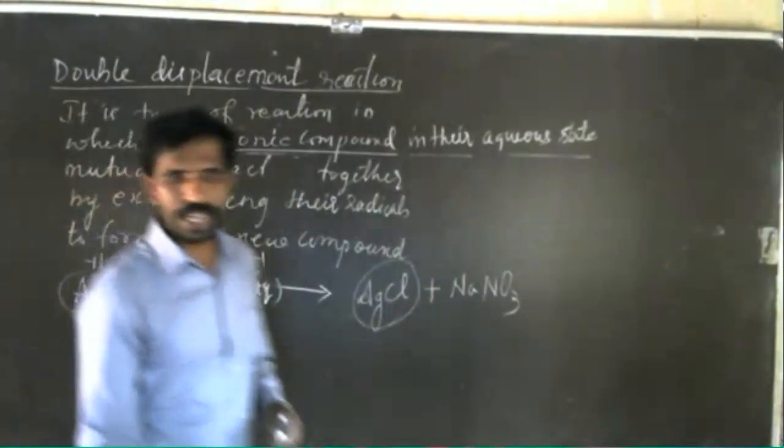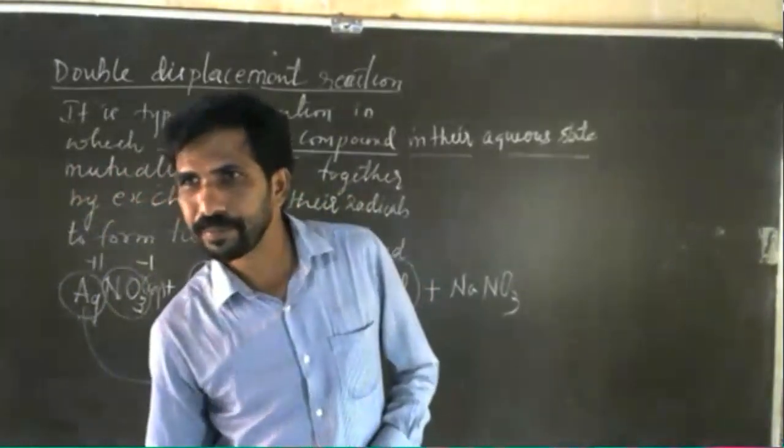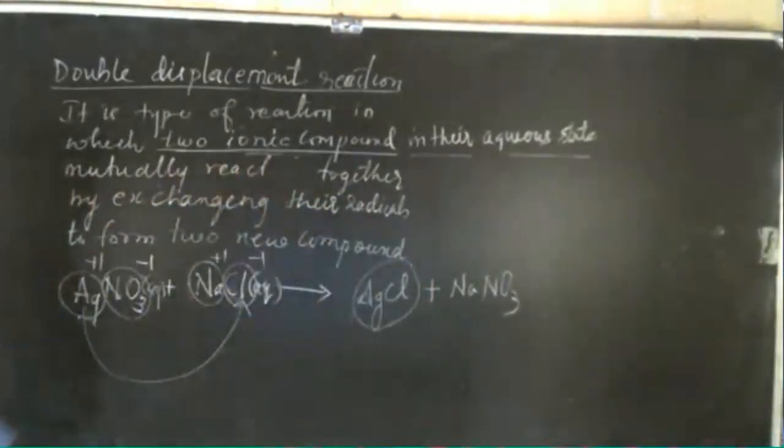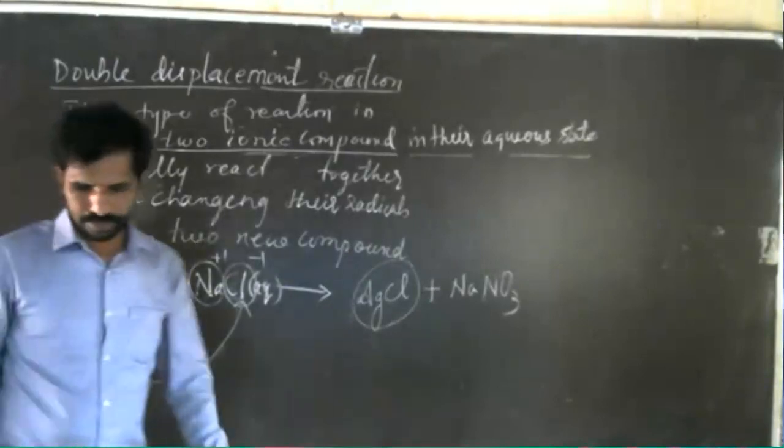So two new products are formed by mutually exchanging their radicals. That's why it's a double displacement reaction, or we can simply call it a double decomposition reaction also. Is it clear?